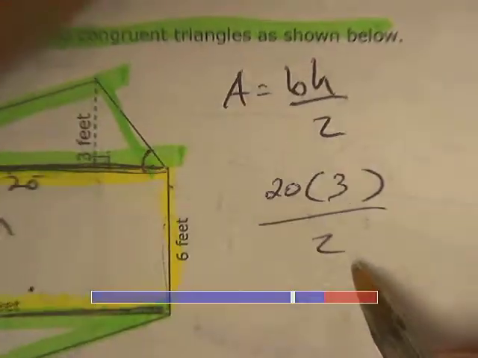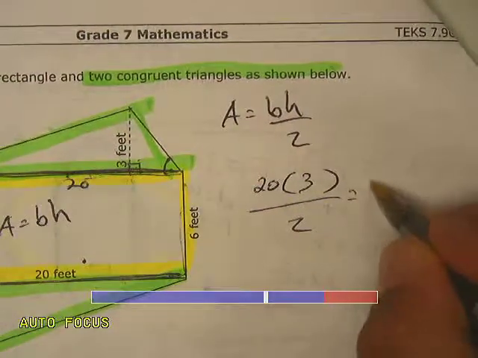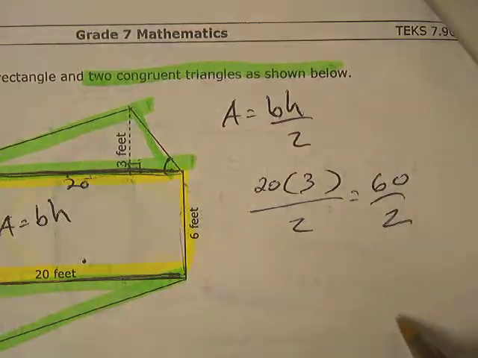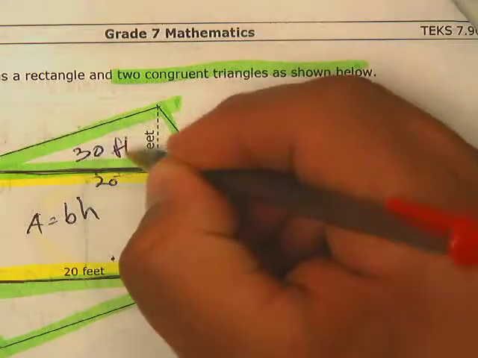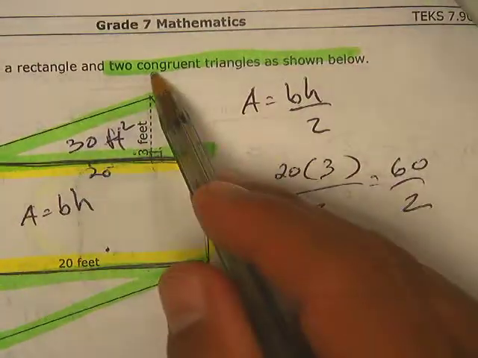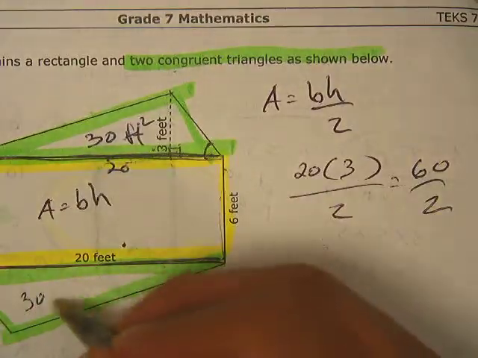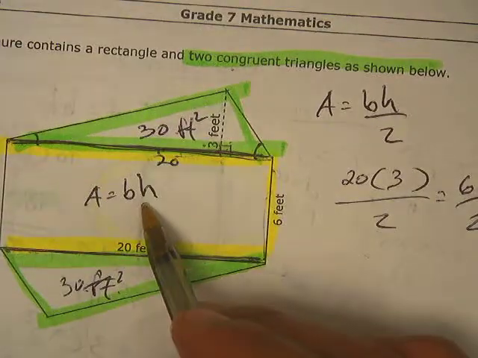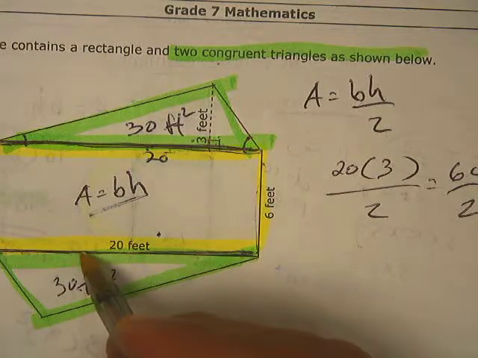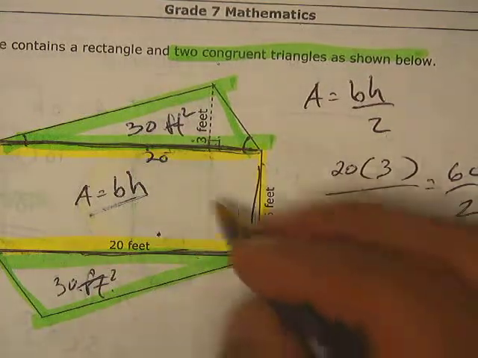So my base and my height have to be perpendicular. So that's my height. And so it's just 20 times 3, which is 60 divided by 2, which gives me 30 square feet.